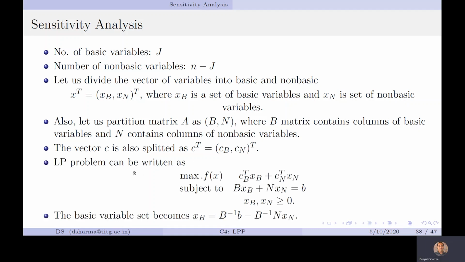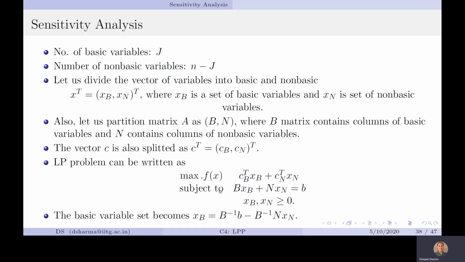The LP problem, the short form which we went through in the last slide, we are now rewriting in terms of basic and non-basic parts. As you can see, CB transpose XB gives the dot product of the cost coefficients of the basic variables with the basic variables, plus CN transpose XN.